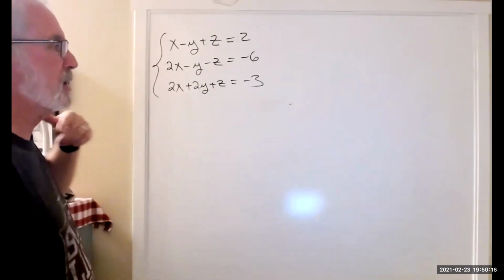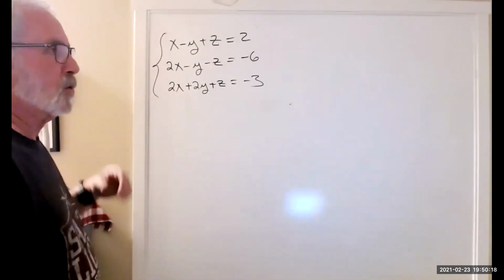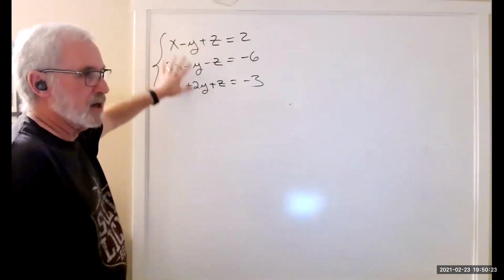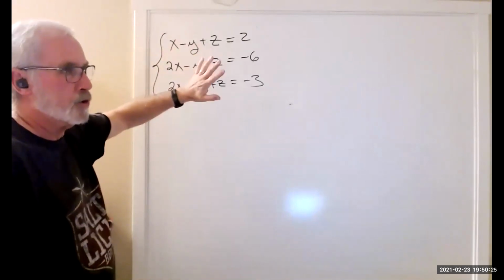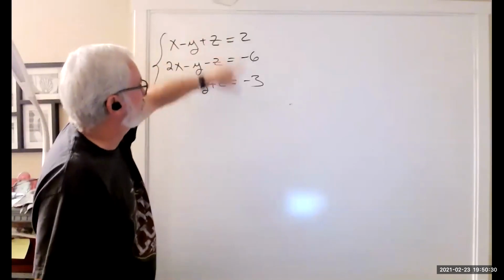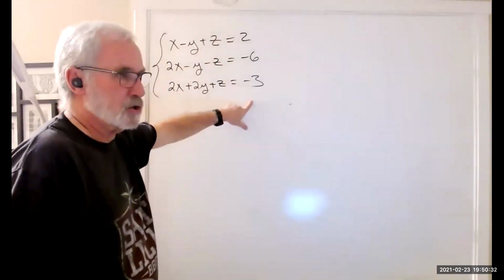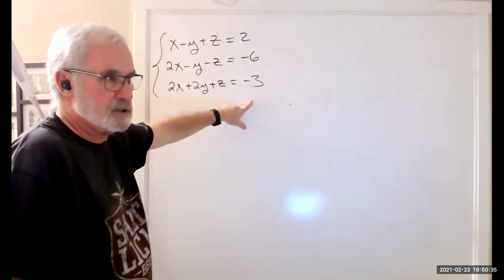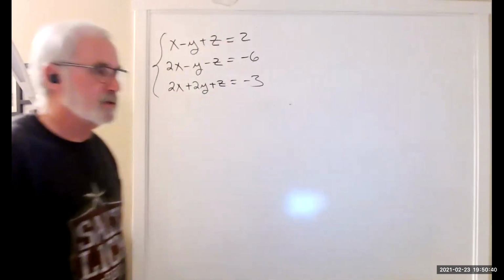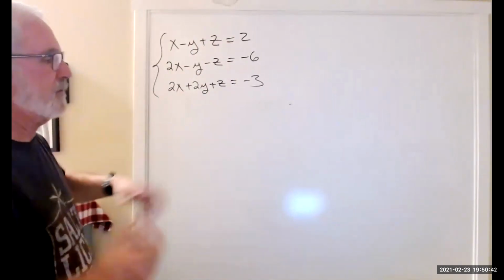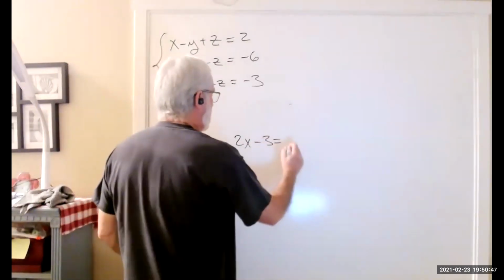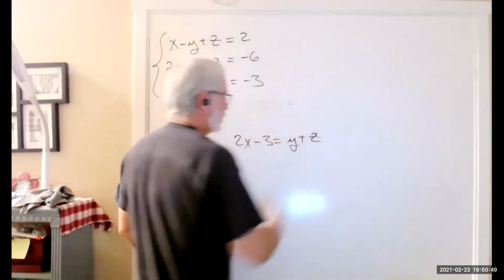Notice something. This method requires all of your x's, y's, and z's to be on one side and in order: x, y, z, x, y, z, x, y, z, and out here to the side, those are constants, just non-variable numbers. A lot of problems will have something crazy like 2x minus 3 equals y plus z.